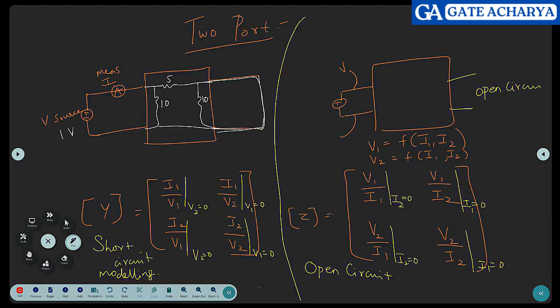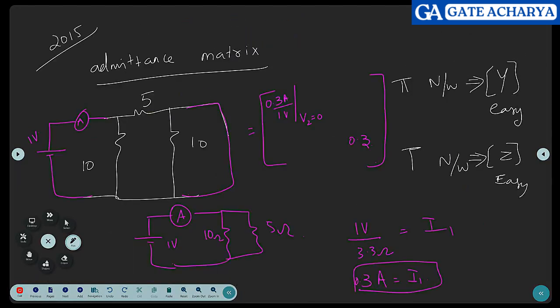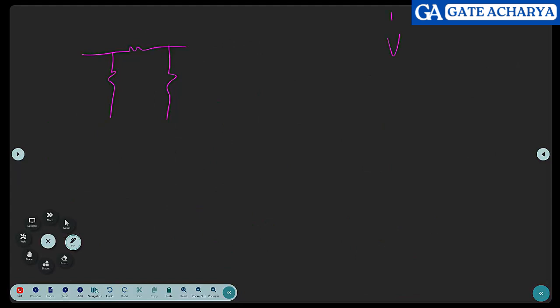Let me attempt. What is it? Actually, it is I1 by V2. So it is I1 by V2 when V1 is 0. This is what I want to attempt.